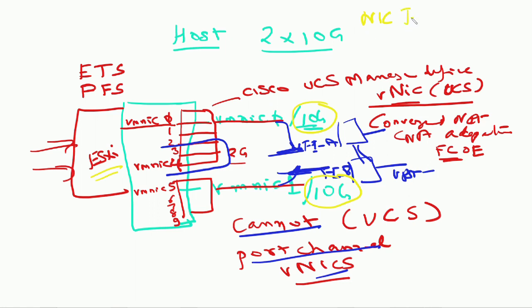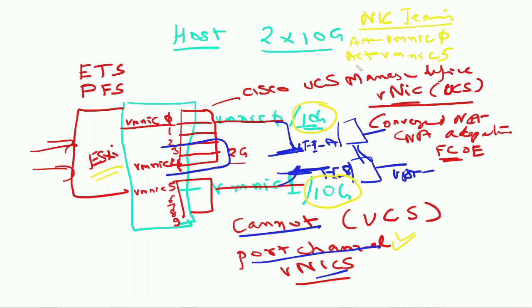The NIC teaming option is actually very powerful. So even without doing port channel, you can have groupings. You can say VMNIC 0 and, let's go to the other adapter, VMNIC 5, and that is a good way of NIC teaming, and you can make them both active.